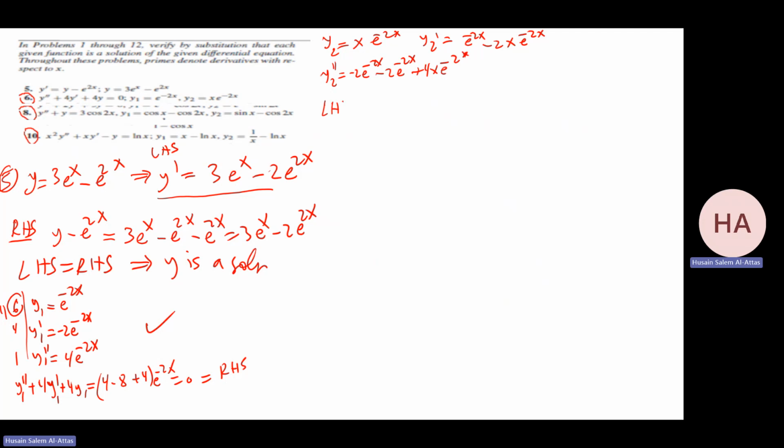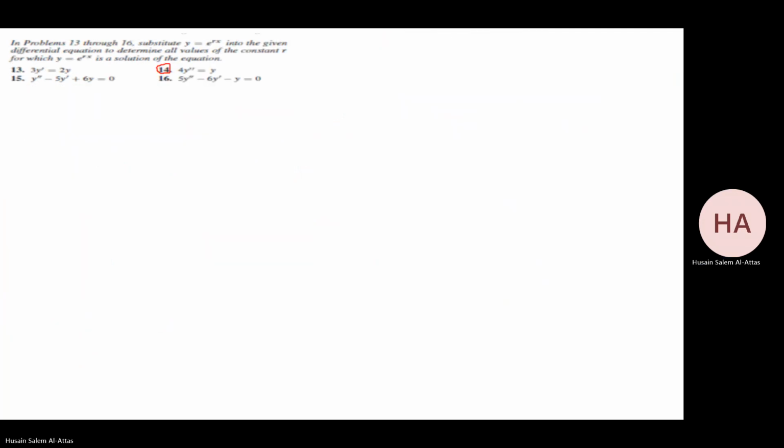Left-hand side, I have y double prime plus 4y prime plus 4y. For the second function, I have minus 4 e to the minus 2x plus 4x e to the minus 2x, plus 4 times this, minus 8x e to the minus 2x, plus 4 times the original function. Very clear, this cancels with this and this cancels, so it's equal to 0, which is the right-hand side.